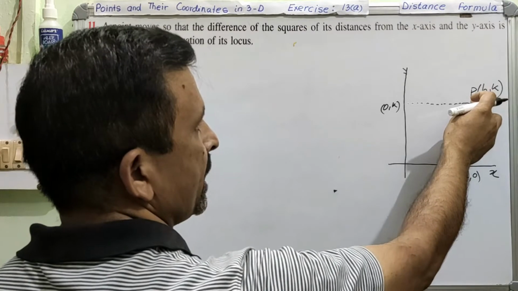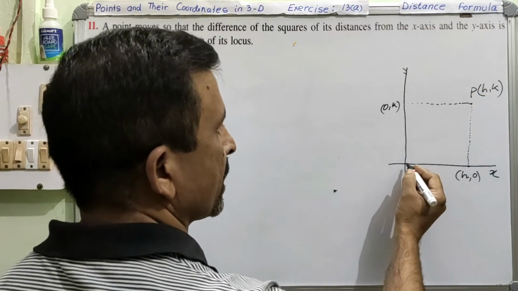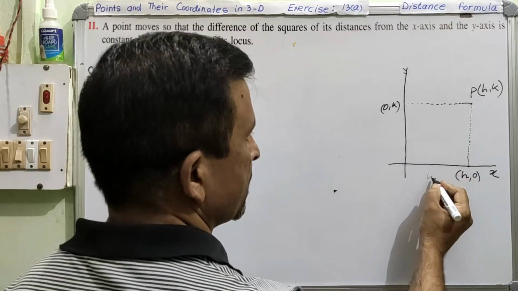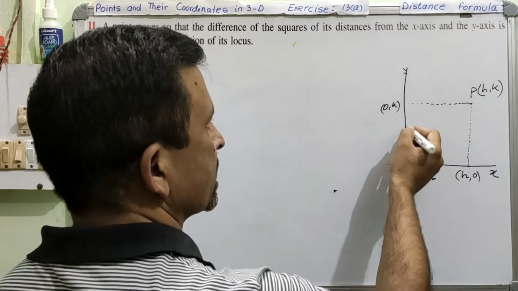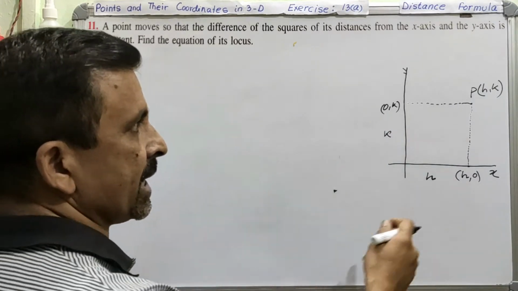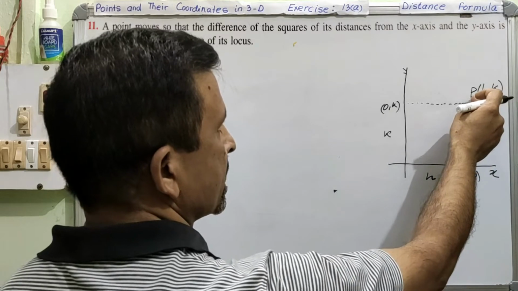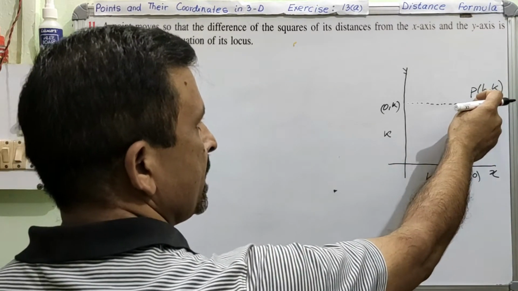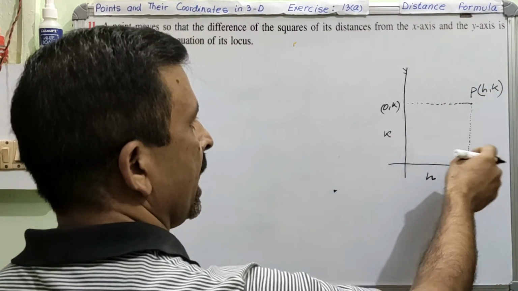Let me tell you that on the x-axis, this distance is h, and on the y-axis, this distance is k. Now, if I ask what is the distance of P from x-axis, you will say, sir, this P is at a distance of k from x-axis.